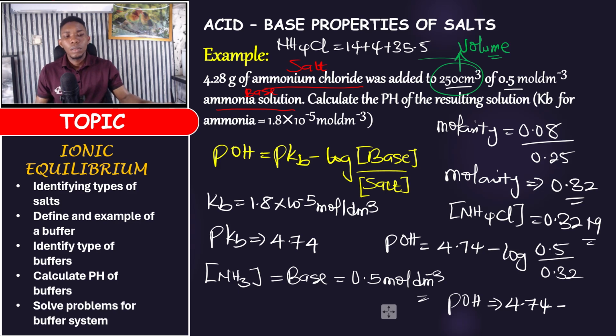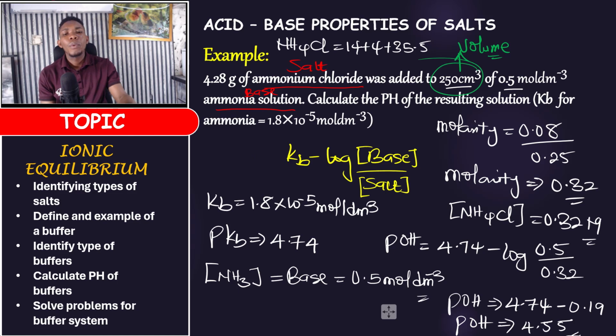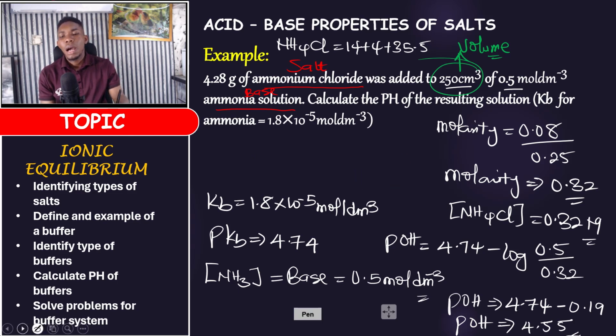Now this gives us 0.19. So our pOH will be 4.74 minus 0.19. This gives us 4.55. Alright, so that's our pOH. But everybody knows what we were asked to find was pH and not pOH. You will know the relationship between pH and pOH.